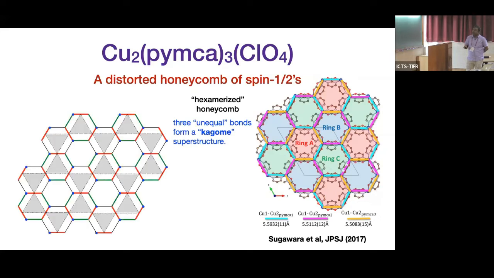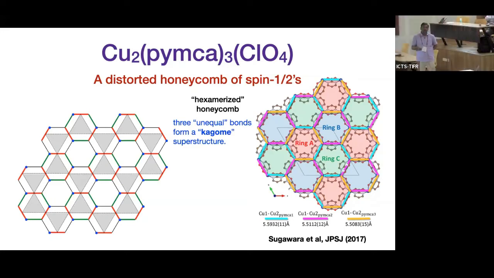The other notable point is the superstructure that these pink, cyan and yellow color bonds make: they form a Kagome superstructure. If you just focus on the red bonds, they form a Kagome superstructure.